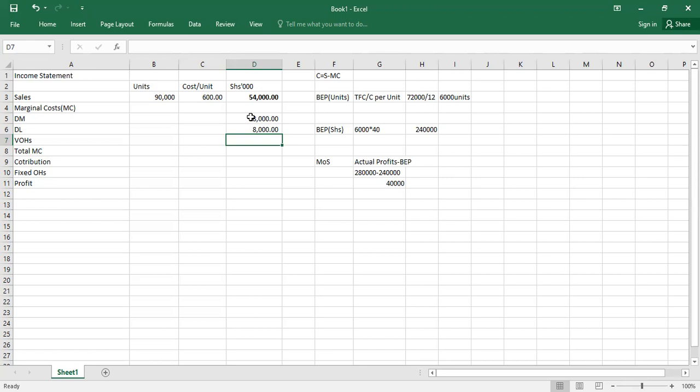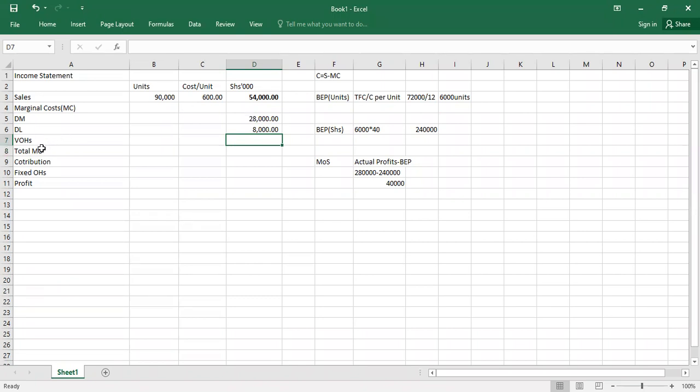Well, I'm looking at this additional information. You are also informed that 60% of the production overheads are fixed. So the production overheads that you've been given are total, fixed and variable. So what is variable in that 10,000? 6,000 will be fixed, then 4,000.